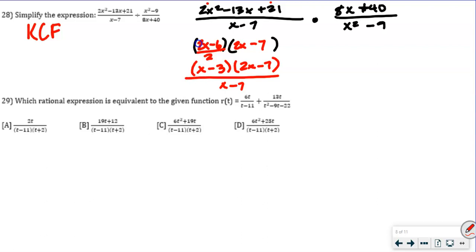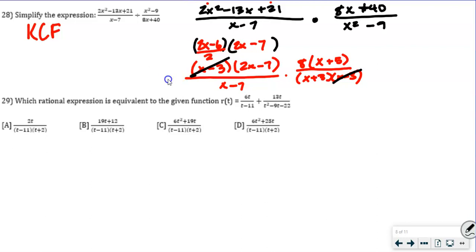And then we're going to multiply that by, let's go ahead and factor this one. 8 comes out of both of those, so that's going to be x plus 5. And then this is going to be x plus 3 and x minus 3. Let's see if we can simplify anything. Looks to me like we have an x minus 3 in both the numerator and the denominator, and I don't see anything else that we can simplify.